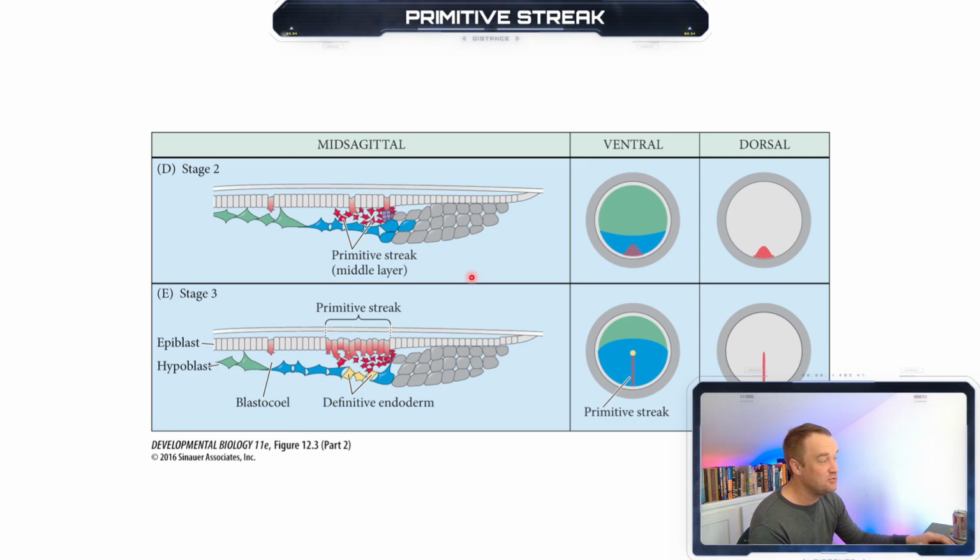And then by stage 3, which is about 15 to 17 hours past laying of the egg, the primitive streak has become a definitive region. So this layer starts to move across the ventral side of the blastocyle, or the gastrula, I guess would be a better proper term to call it at this point, since we're undergoing gastrulation, and you can start to see its formation.